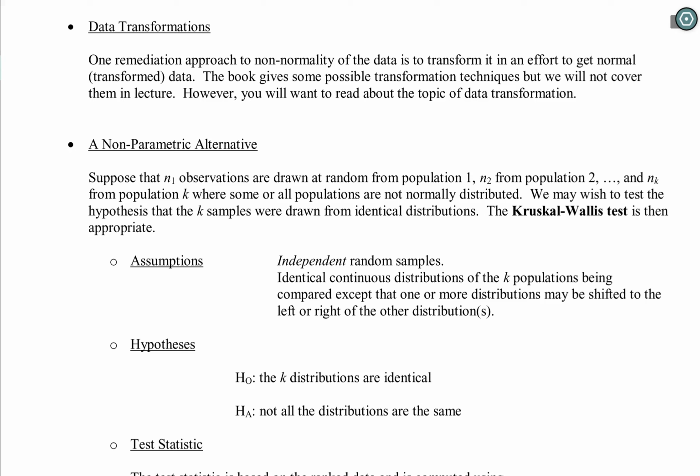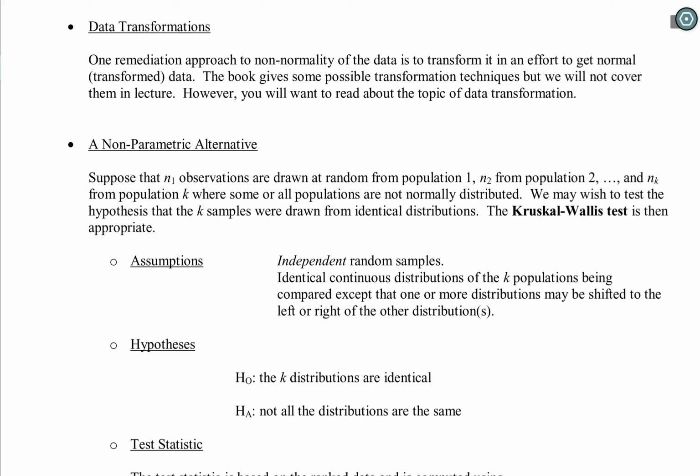Some possible transformations might be you take the log of the data, or you take the reciprocal of the data. So you divide each data value into 1, so 1 over x. There are some other transformations that the book gives, and these can all be done in an effort to try to achieve normality.